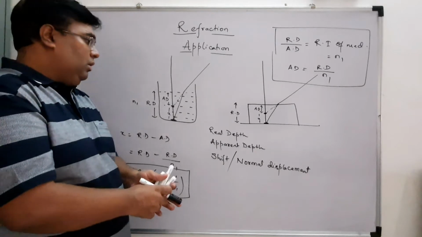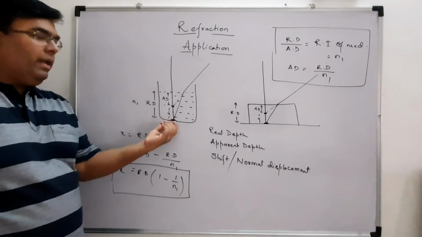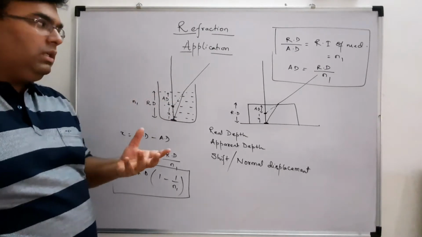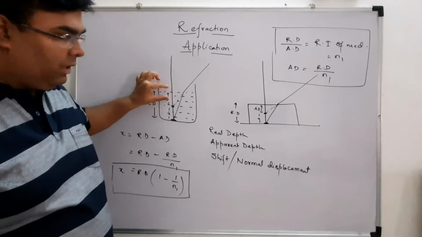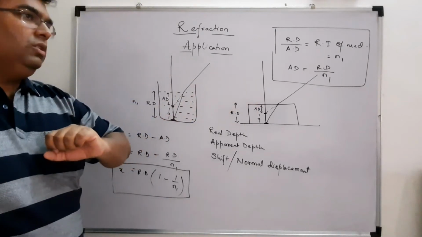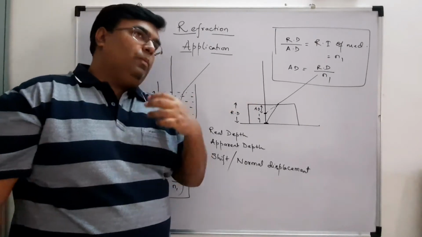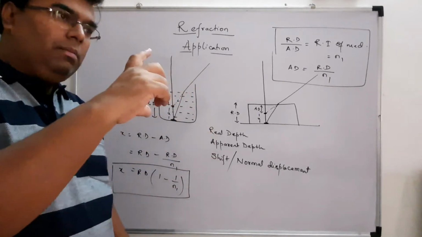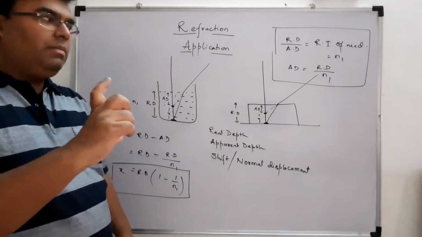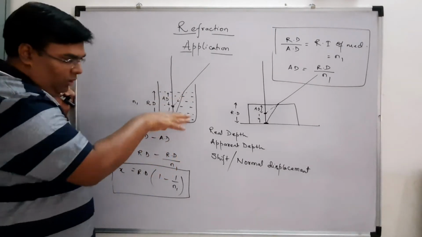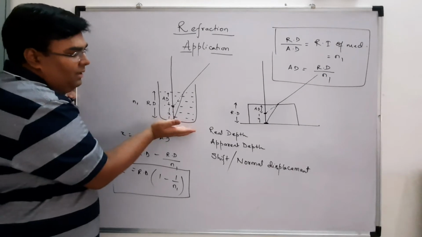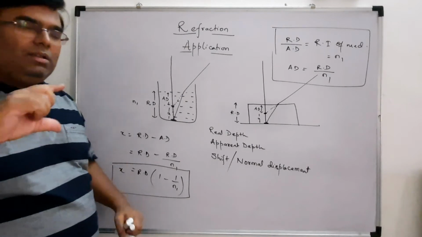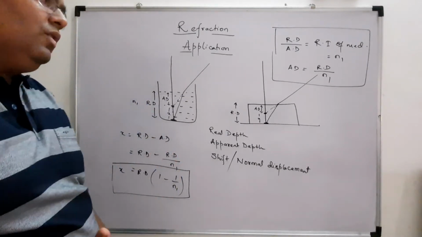So what happens basically is that the image of the coin moves upward, and we see the coin at a lower depth than the real one. If you observe, when you put your legs in the water, it appears that the legs become shorter. Why? Because your legs at the bottom appear to have moved upward, so the length of the leg inside the water becomes shorter, and hence your legs look shorter.